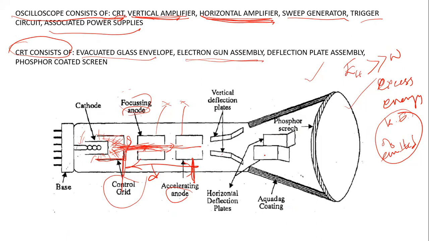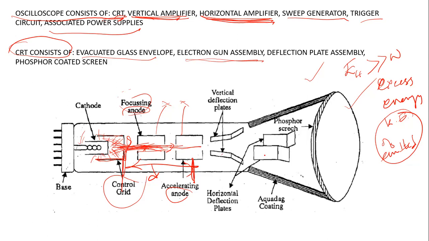So let me repeat, whatever signal we detect using our detector, that could be your transducer or your strain gauge or your piezoelectric crystals, which converts your applied pressure into an electrical signal.